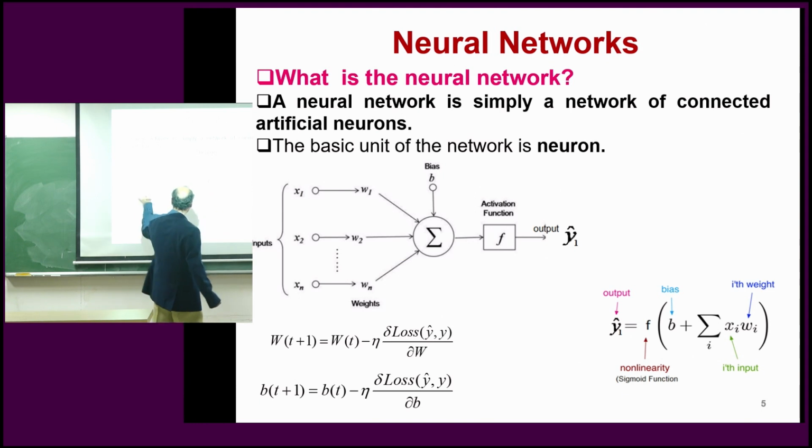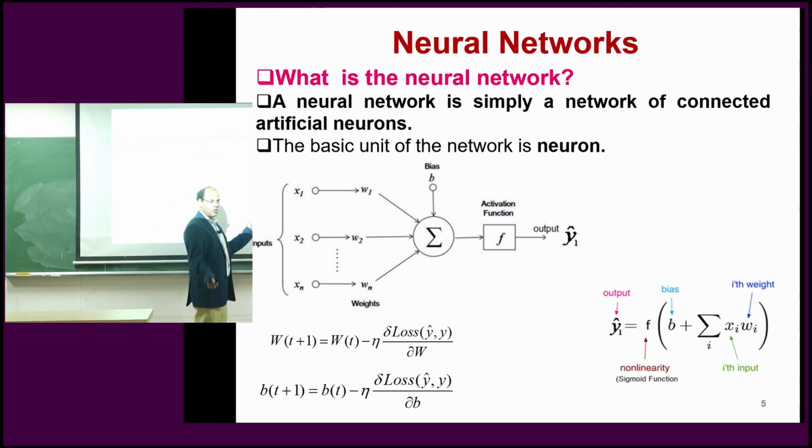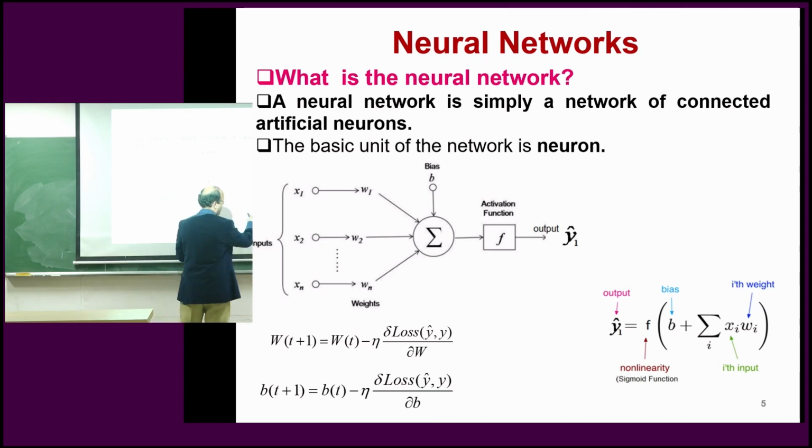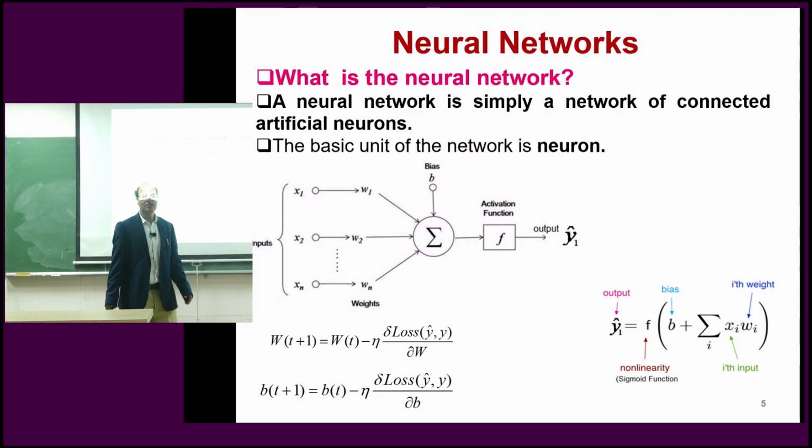So as a perceptron, y1 hat equals f of b plus the sum of xi wi. Here xi is your input, which could be column vectors, and wi are the weights. You just do the scalar product, sum x1 w1 and so on, and then add b, the bias.